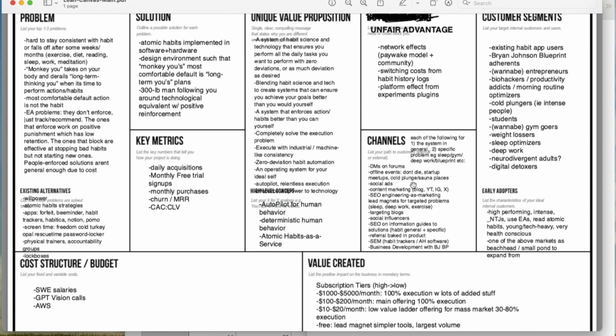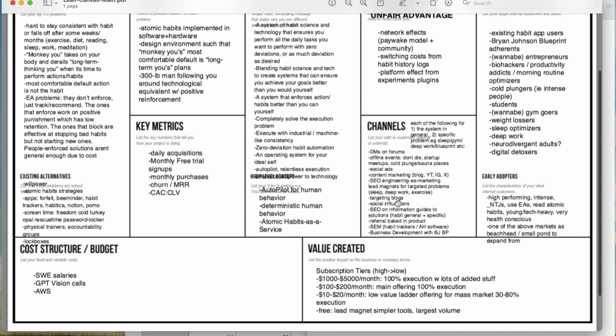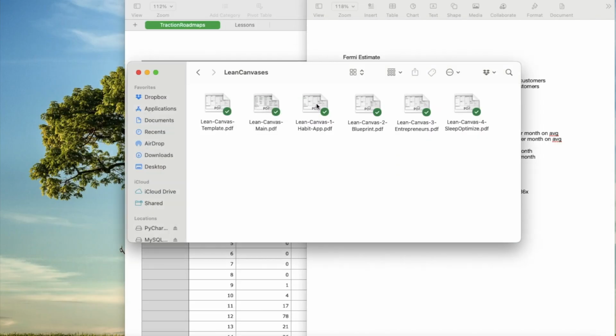Running social ads, Instagram, Reddit is a good channel. Content marketing, that'll probably bring a lot. SEO, but engineering is marketing, so you have these lead magnets for solving a specific problem like sleep or whatever. Blog, social influencers, SEO, referral baked into the product, search engine marketing, and then actually working with BJ would be great.